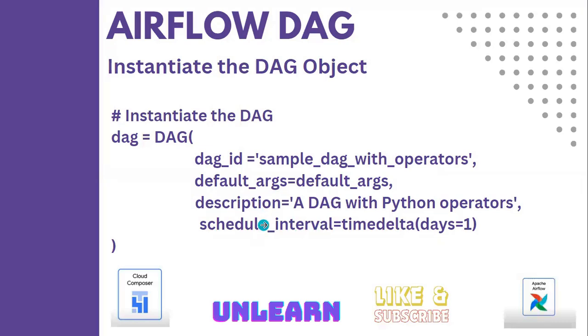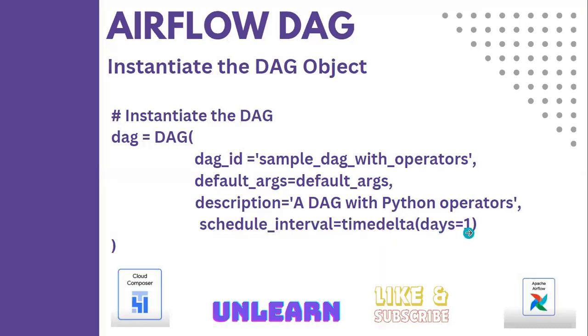It is very important. The schedule_interval is with respect to the DAG object. That means while running this data pipeline, the DAG should run on one specific start date. After that, using this schedule_interval only, the DAG is going to be run repeatedly. That time interval is going to be specified using this schedule_interval.